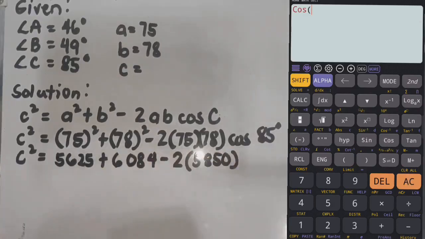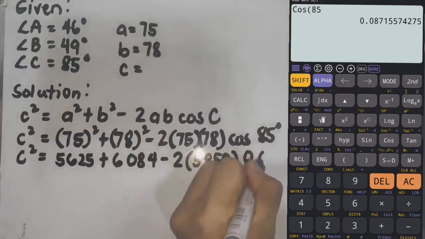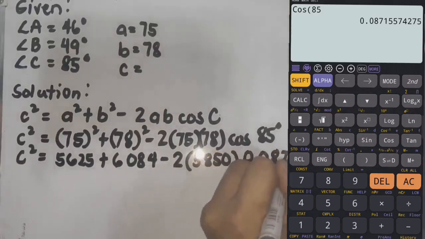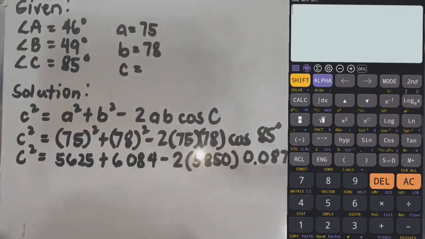Then, what is the value of cosine of 85 degrees? Press nyo lang yung cosine, then 85 degrees. Then, kukuhanin natin is the first 4 decimal places. So, 0.0872. Yun yung imumultiply natin. Then, i-add natin yung nasa unahan, then imumultiply natin yung mga nasa hulihan bago tayo mag-subtract.